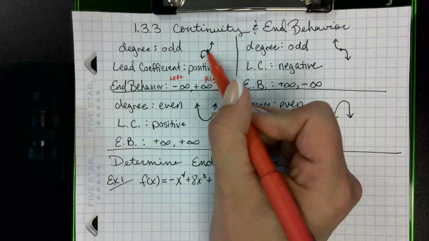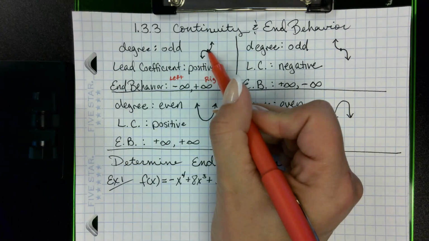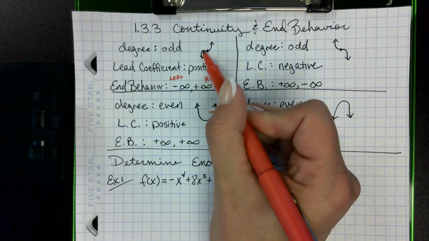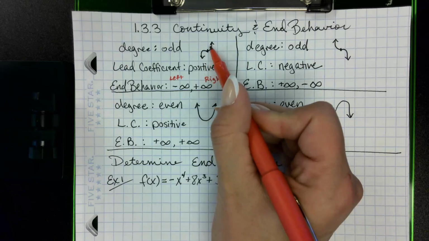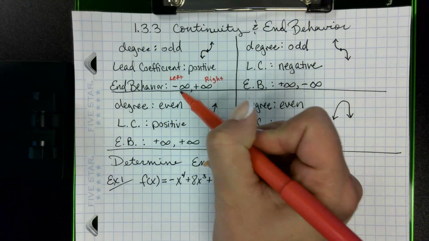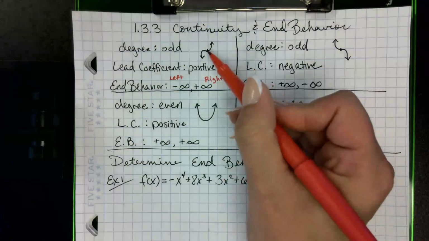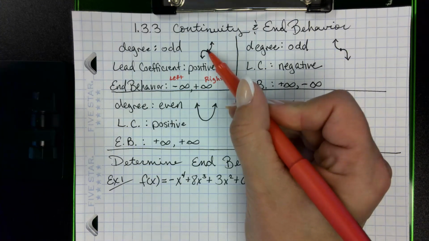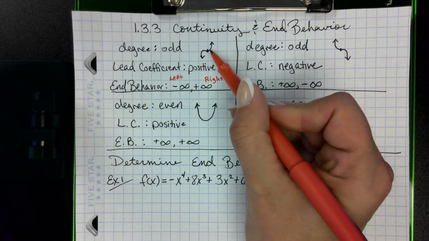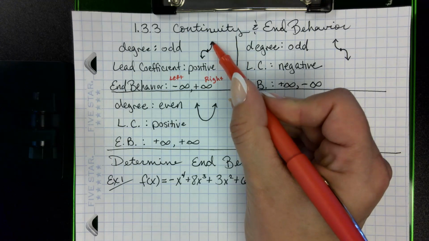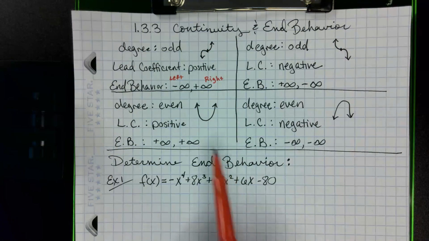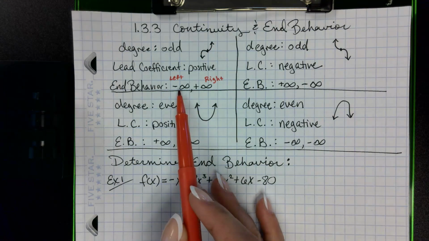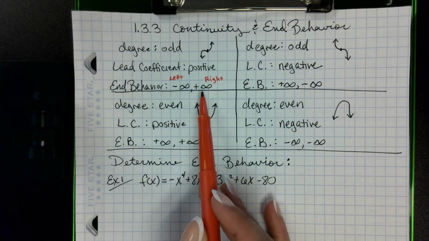So as x goes to the left, we start from the origin, the function is going down. The y values are going down towards negative infinity. From the origin, as the x values get larger, as we move towards the right-hand side, the y values are going up towards positive infinity. So the left end behavior is negative infinity. The right end behavior is positive infinity.